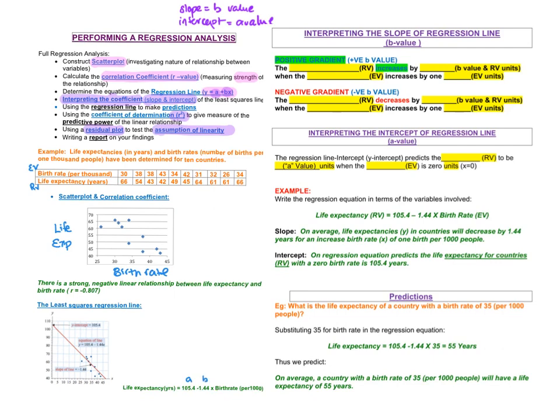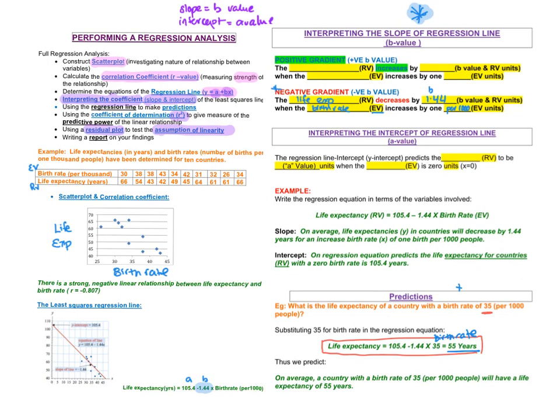Okay, so then they might ask us to interpret the slope, which means interpret the B value. Now, if you have a look here, our B value is negative. Over here, I've got a template on how you can write out when you're asked to interpret. Because this example is negative, I'm going to use this one. It's in yellow because you have to fill it in.